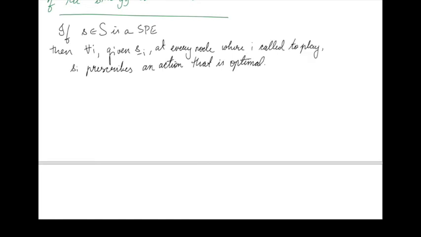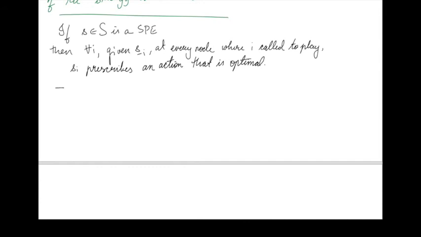Remember that if a strategy profile S is a subgame perfect Nash equilibrium, then for every player I, given the other players' strategies, at every node where I is called to play, the action that SI prescribes has to be optimal. That's just by the definition of a subgame perfect equilibrium.